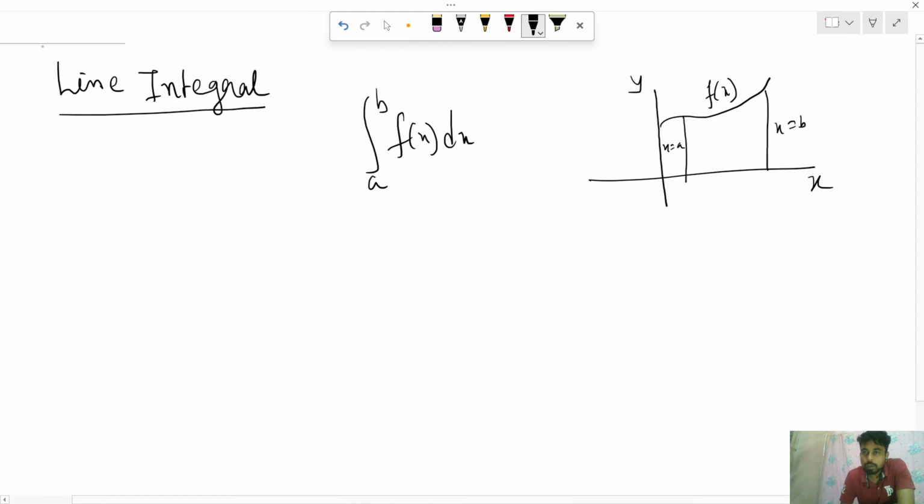Now we consider this is the point P, this is the point Q, and this is point R, this is point S. What is the area of PQRS?